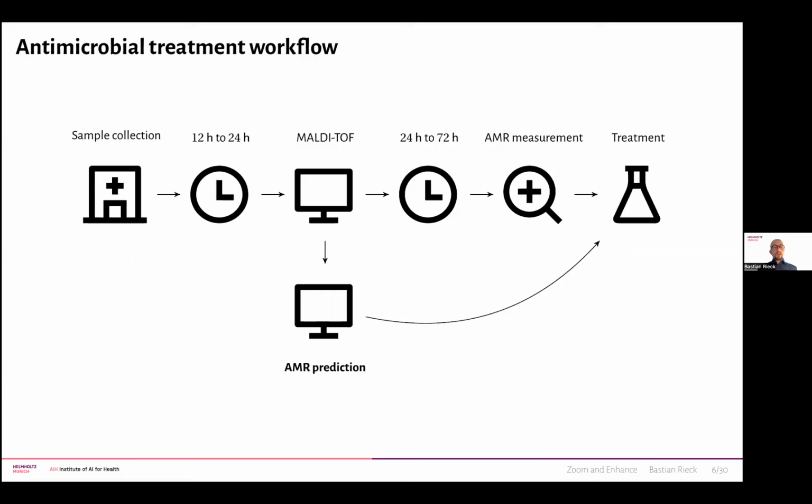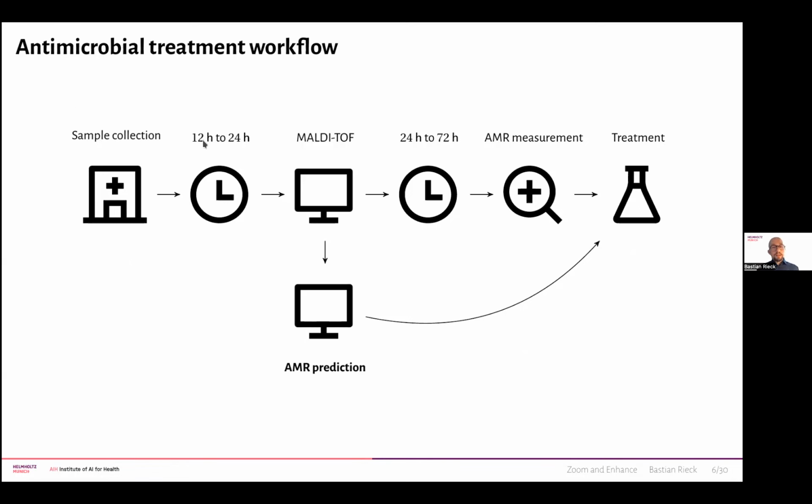Now, what's the standard workflow when you have an infection that needs to be treated? Well, the standard workflow is the line on the top, essentially. You go to the hospital, and they collect some samples of your infection, depending on, you have to cough on something or whatever.